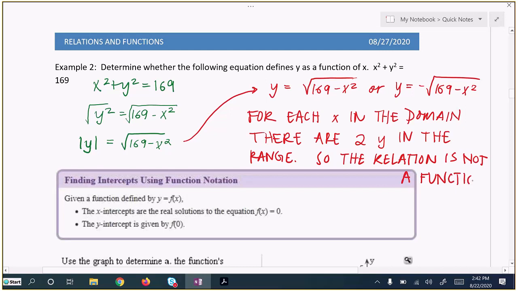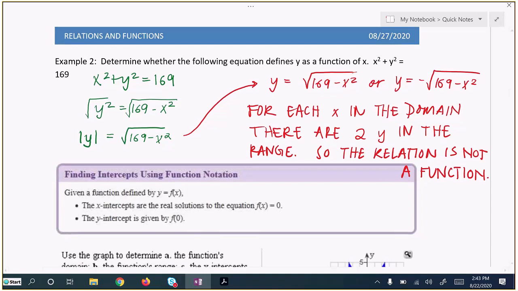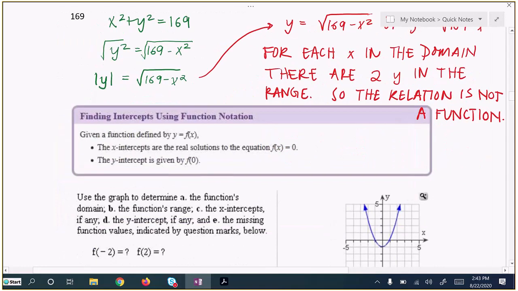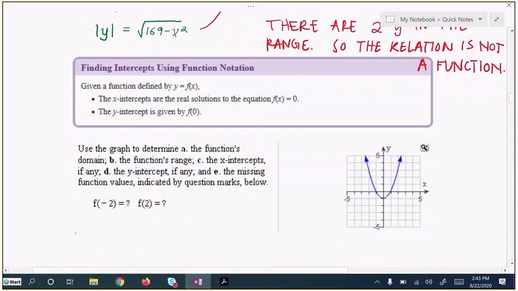But it is still a relation, and it's actually a very important relation because this, in fact, is the equation for a circle with radius 13. So just because something is not a function doesn't make it a bad thing, but in this class we need to be able to determine when something is a function. If it's not a function, it may still be a relation.